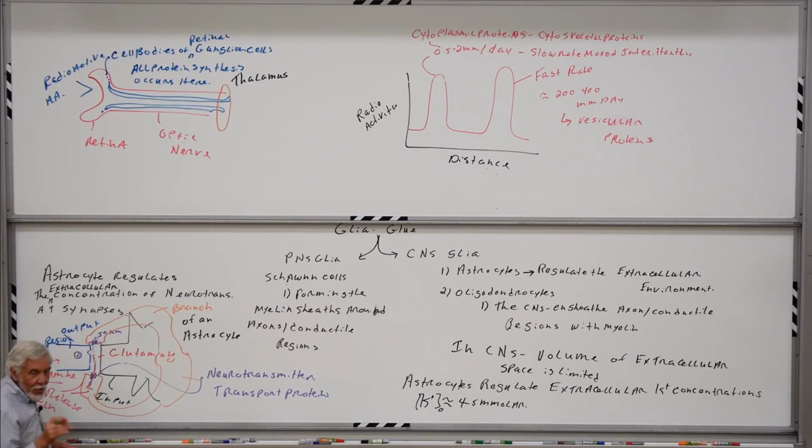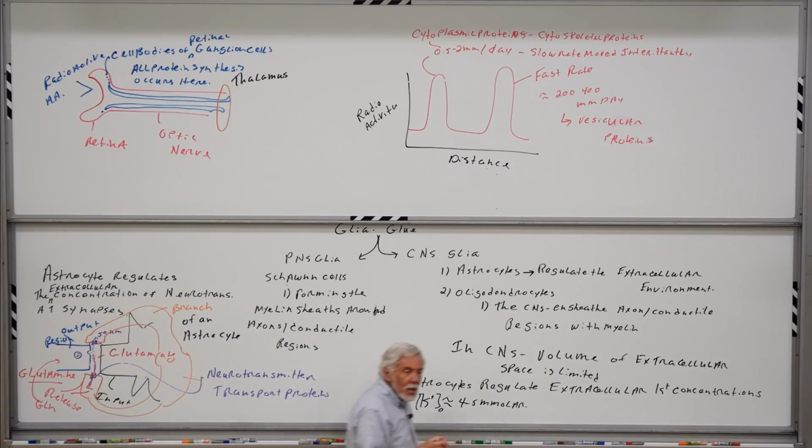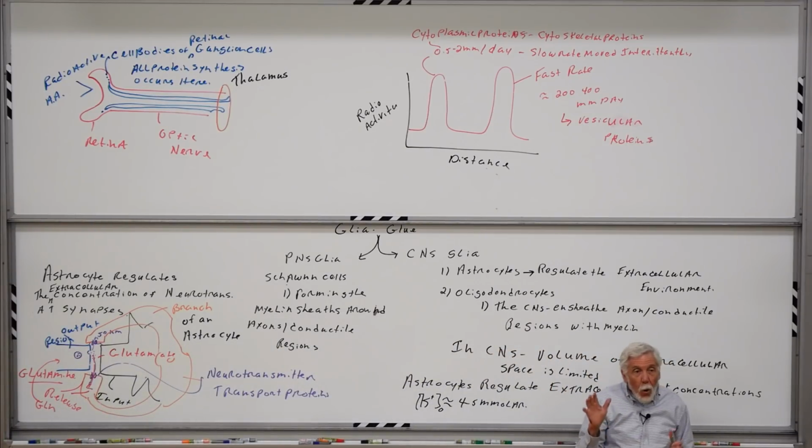So you have this cycle. Any questions on that? Hold on to the idea that the astrocytes are really important in regulating the extracellular concentration of potassium and neurotransmitters. That's fundamentally their role.